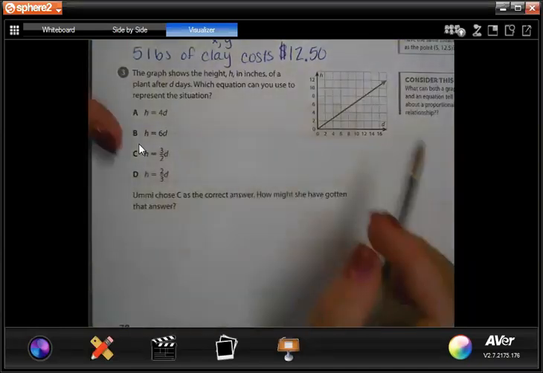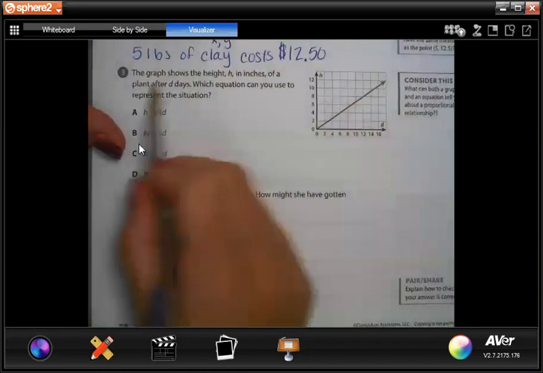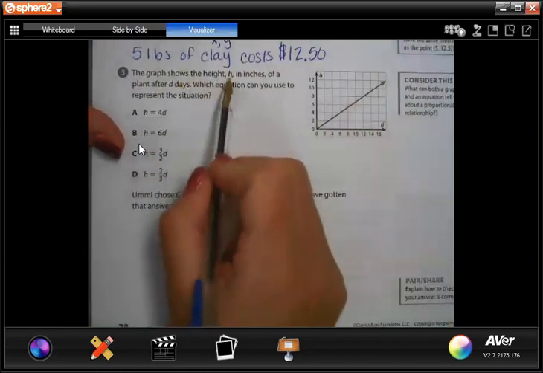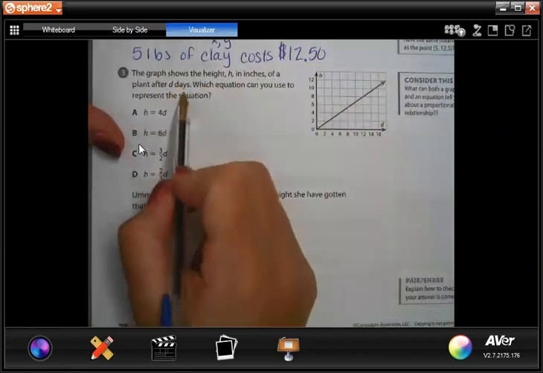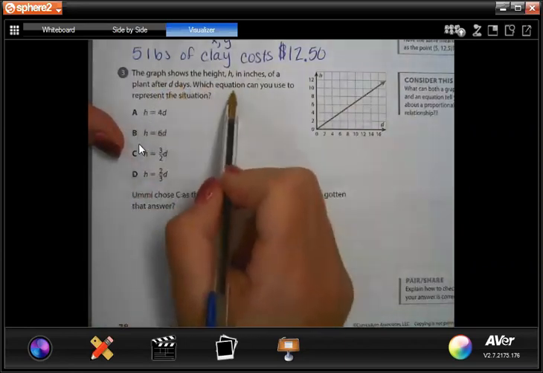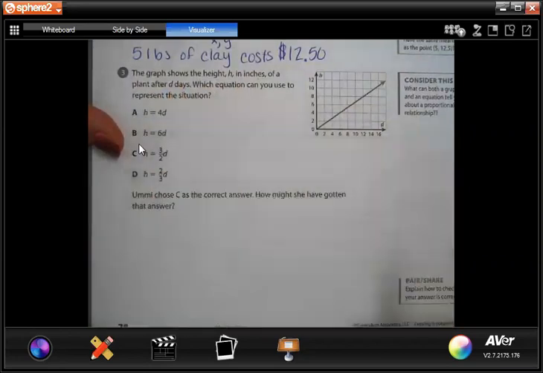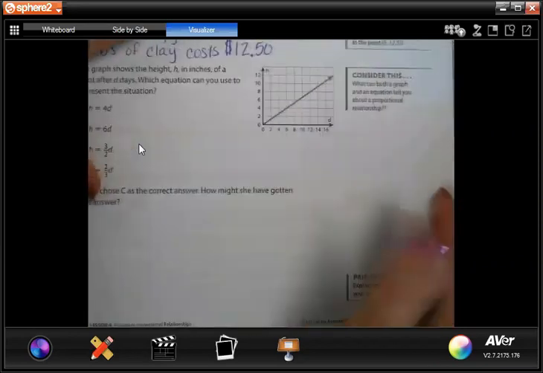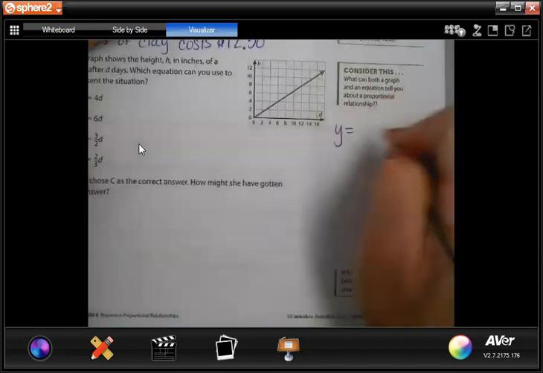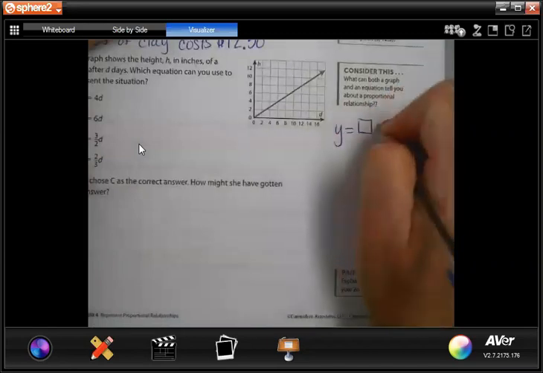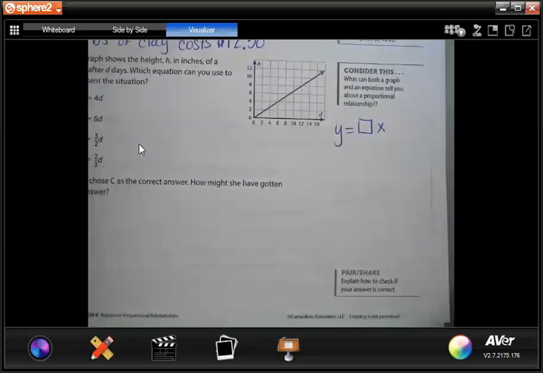Okay, next problem. The graph shows the height h in inches of a plant after d days. Which equation can you use to represent the situation? All right. So remember, a typical equation is like y equals some number times x, right? That's what our equations have been.